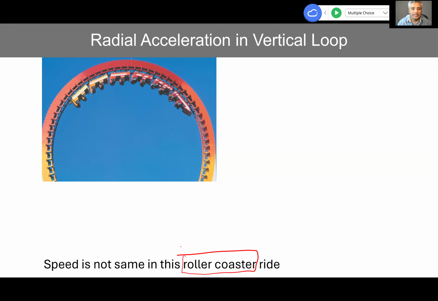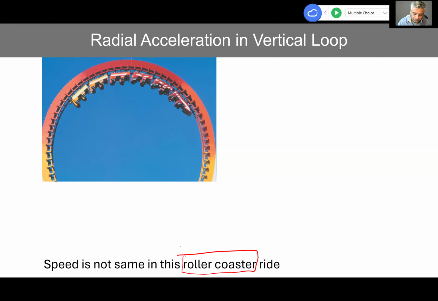So far, the examples we did were uniform circular motion, where the speed did not change. Only the direction of the velocity changed, the value did not. But in this case, the direction is of course changing, but at the same time the value of the velocity, the speed, is also changing.